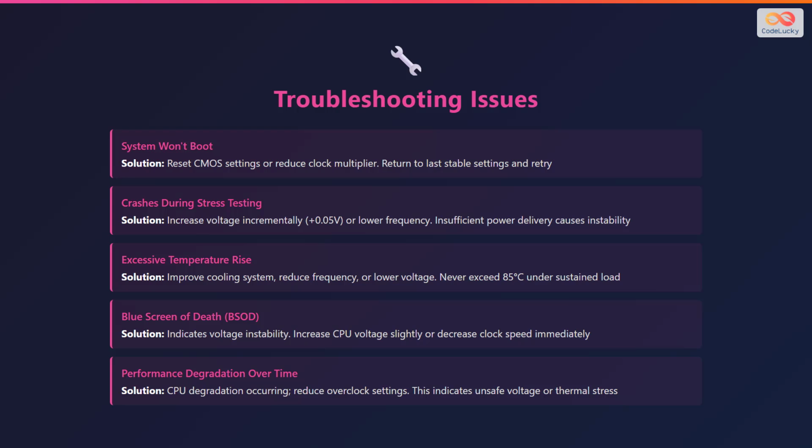Blue screen errors indicate voltage instability. Increase CPU voltage slightly or decrease clock speed right away. If performance degrades over time, your CPU may be experiencing silicon degradation from unsafe voltage or thermal stress, so reduce your overclock settings immediately to prevent permanent damage.